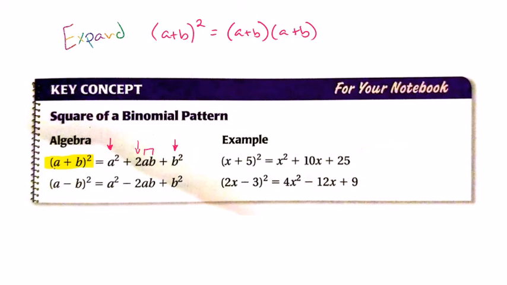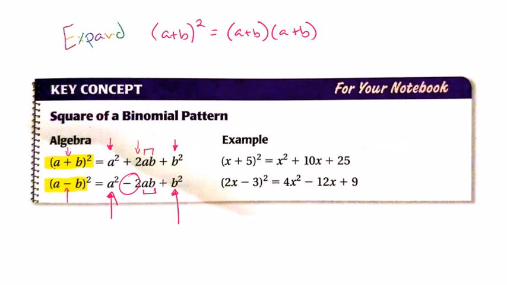Alright, and it's going to be very similar if it is a difference instead of a sum. I square my first term, and then I square my second term, and then I multiply them together, and then I'm going to double it. The only difference here is that instead of it being positive, it is going to end up with a -2.